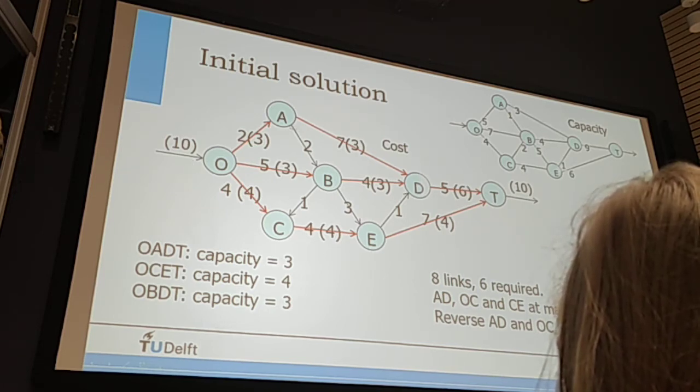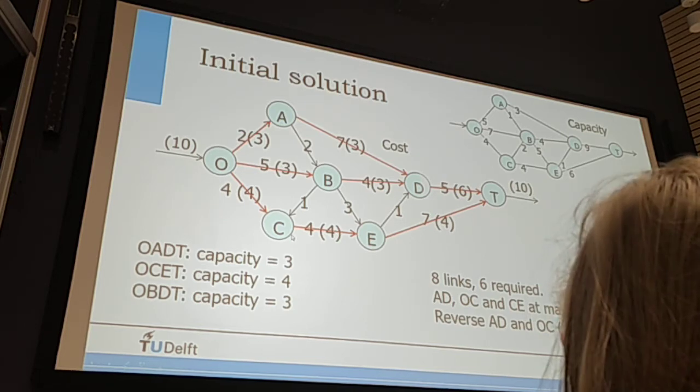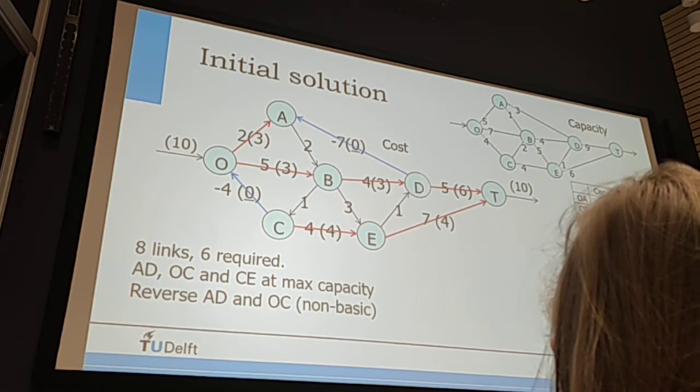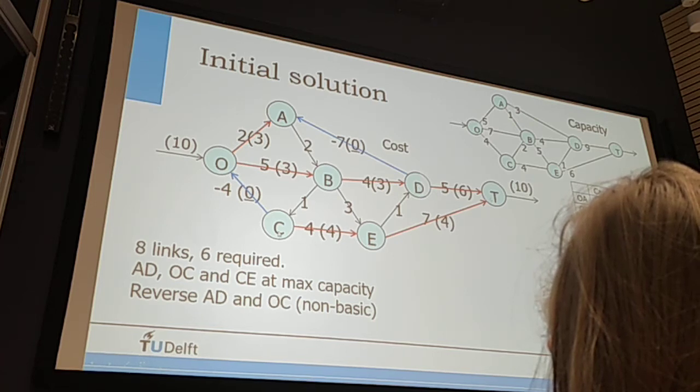So we need to pick 2 of these, which we then basically make non-basic by reversing the flow. In this case, we took AD and OC and reversed the flow on them, and now we end up with a spanning tree connecting OA, OB, BD, DT, CE, and ET.